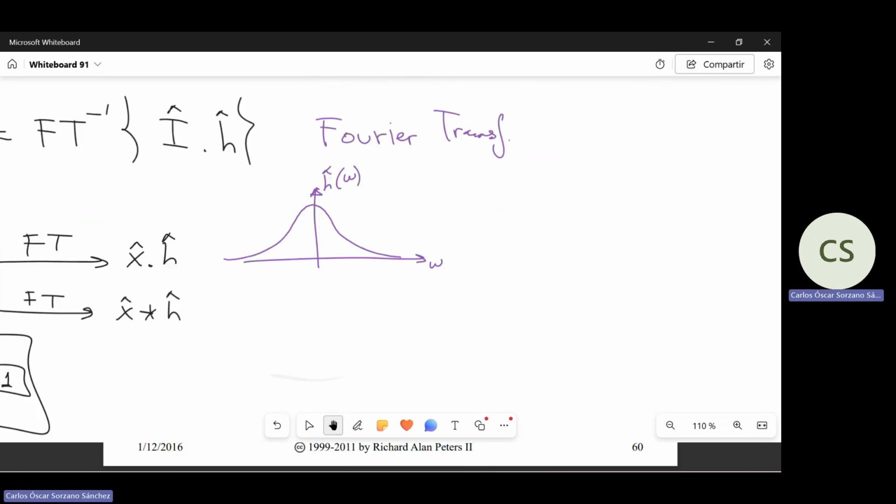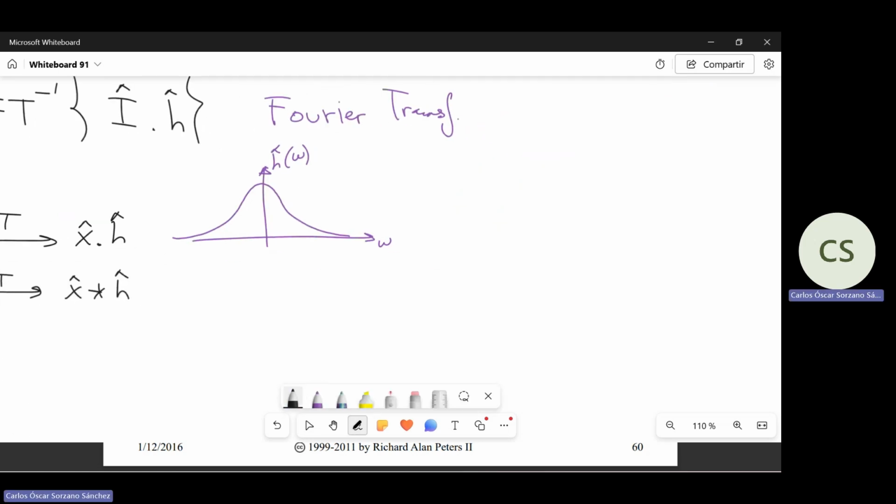We have a signal times the kernel. The signal I can express as the amplitude of the signal times the phase of the signal, and the same for the filter, the amplitude of h times the phase of h. Now it is a Gaussian, so that means this is a real number. If it is a real number, the phase is always zero, and this is one.